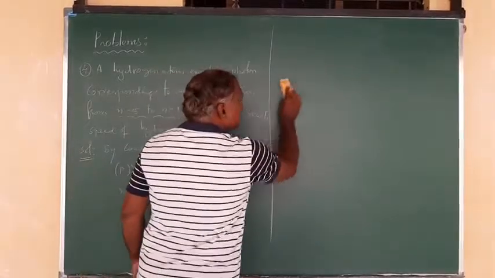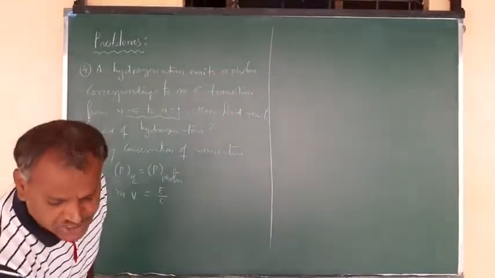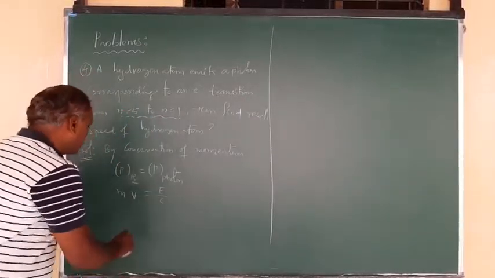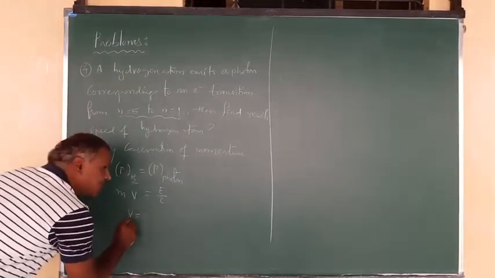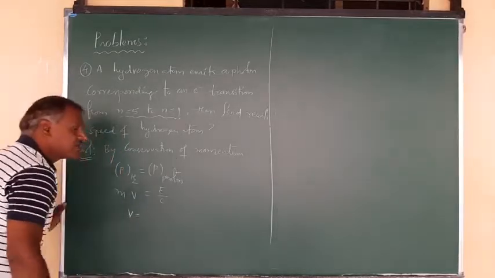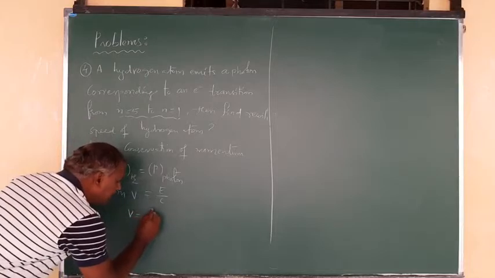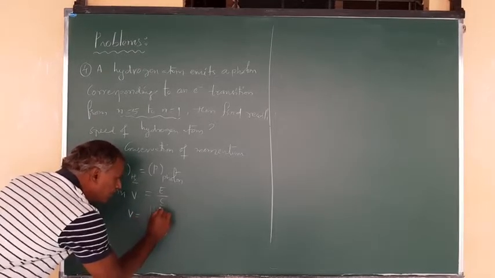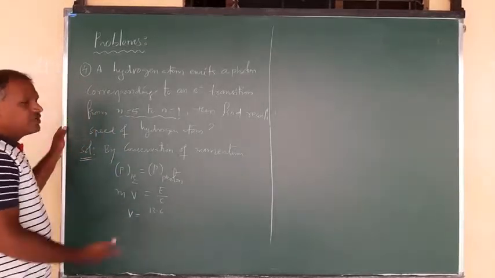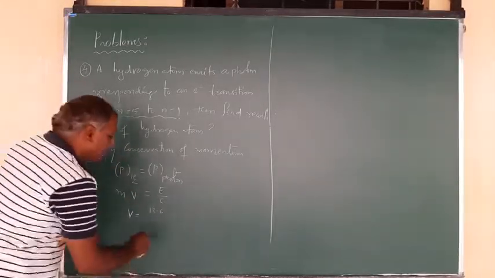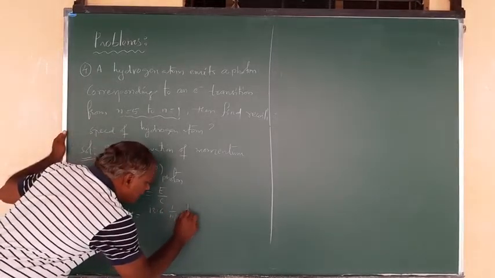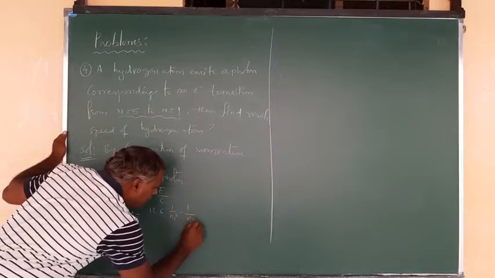So here the energy is what is radiated during the transition of the electron from n is equal to 5 to n is equal to 1. So I can write mass into velocity, the recoil speed of the hydrogen atom, is given by E upon mC. E is 13.6 into Z square, for hydrogen only one square, so no need to write that, and into 1 by n1 square minus 1 by n2 square.